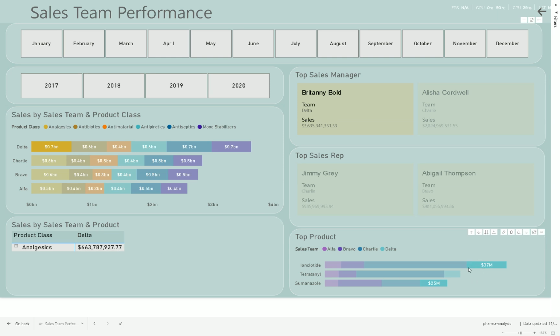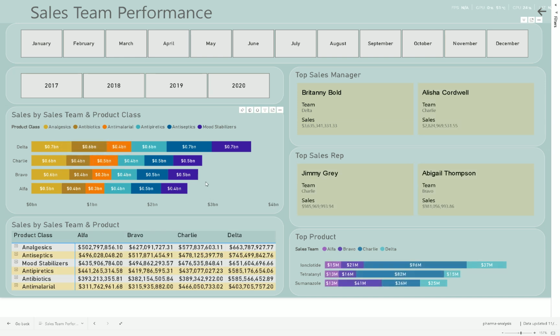This is a product-wise distinction. Iron chloride and sumanazole were sold for 25 million and 37 million, and the top sales manager from Delta was a key performing asset for the Delta team. Again, if we look at the dashboard, we can clearly see the distinction between months for the sales data and between the years also.